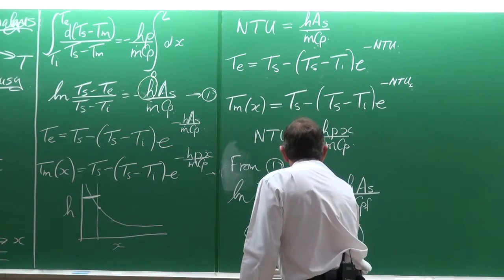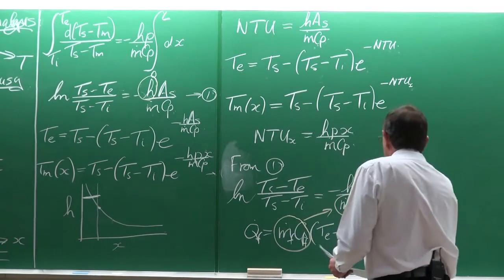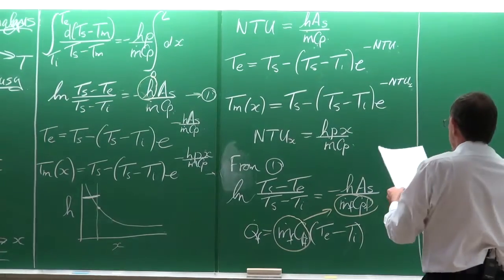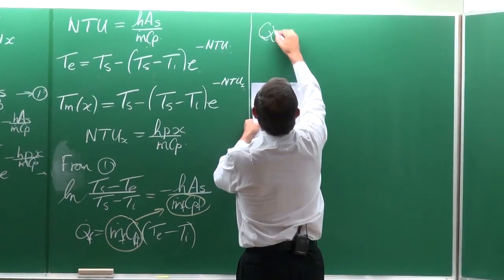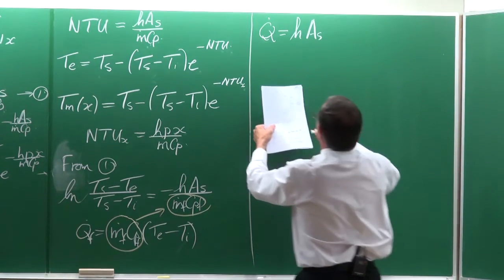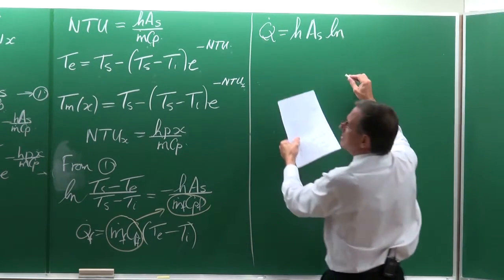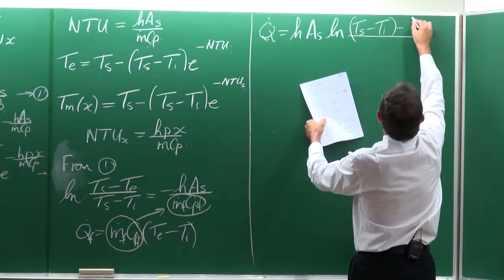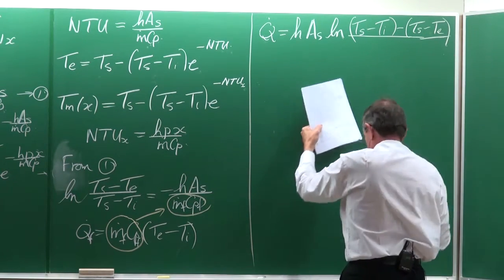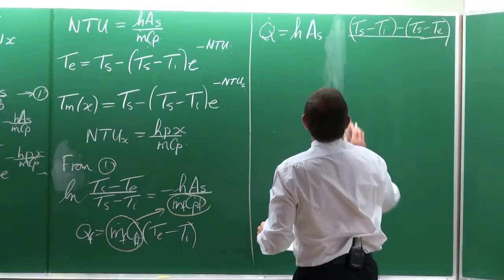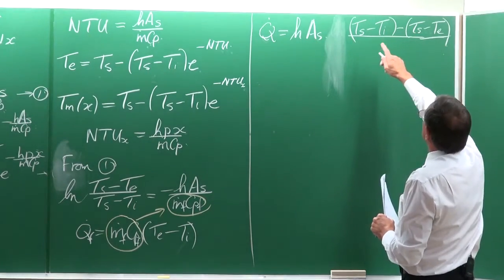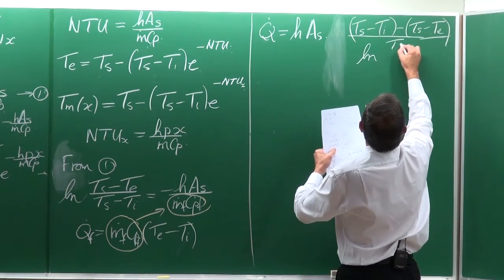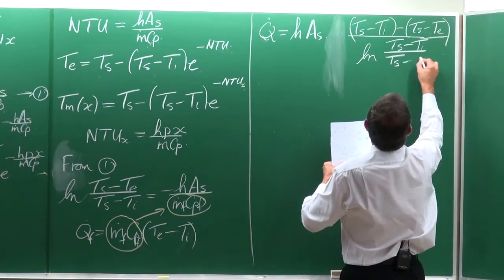If we now substitute this in there and make it a little bit neat, it takes a few steps, it's in the textbook and you can do it yourself, then you can write that the heat transfer rate is equal to the heat transfer coefficient multiplied by the area, multiplied by (Ts minus Ti) minus (Ts minus Te), divided by the ln of (Ts minus Ti) divided by (Ts minus Te).